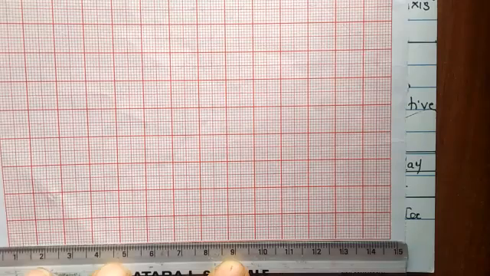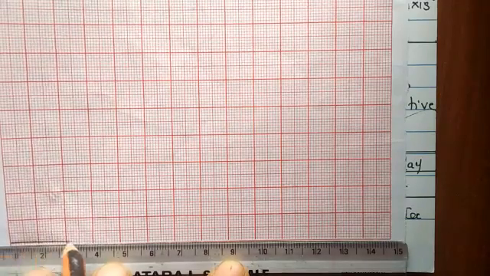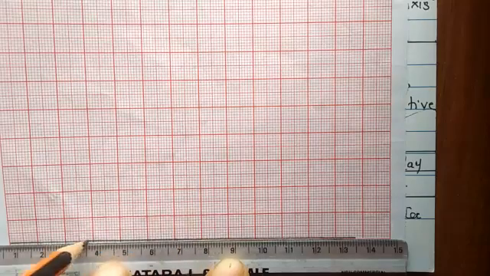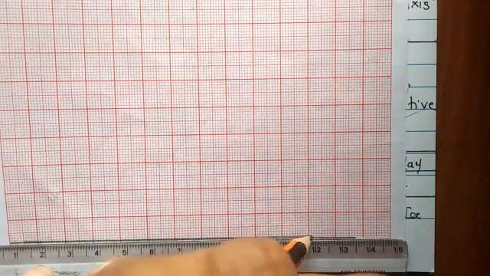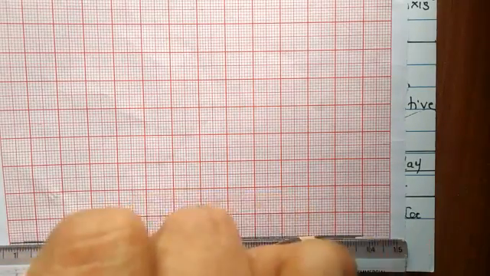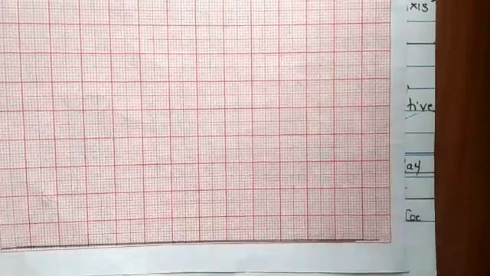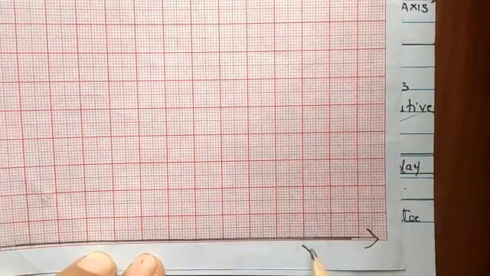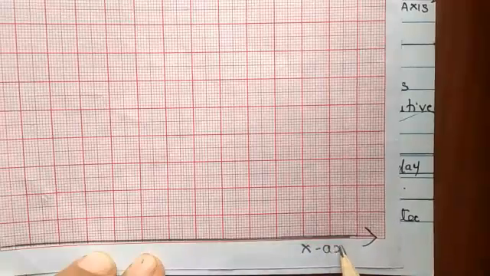So first I am drawing the horizontal line. This is the horizontal line, and in the graph sheet it is known as the x-axis. So I write here x-axis.